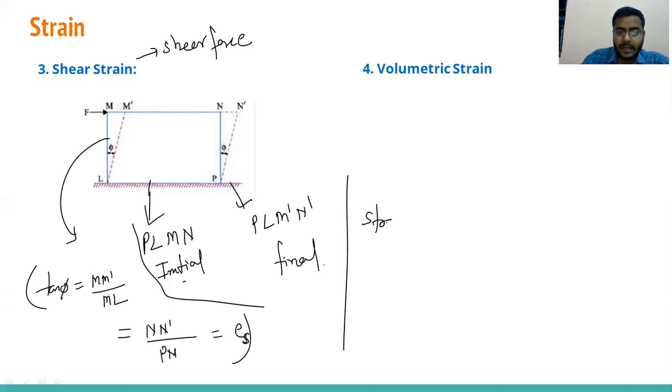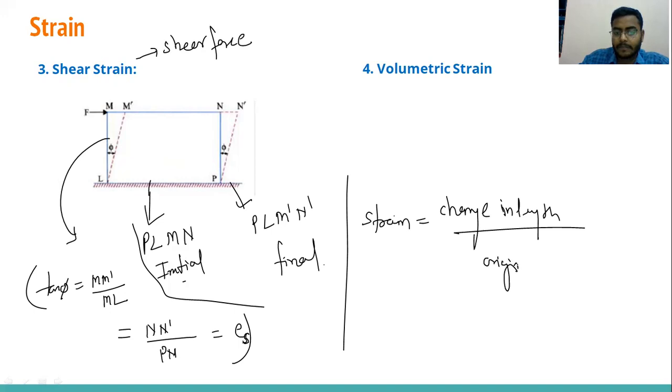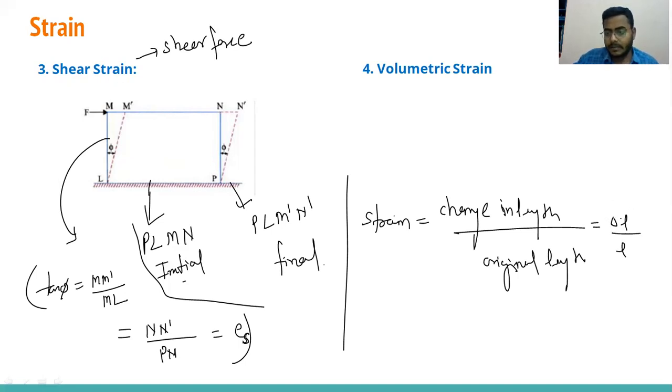One more important thing we can discuss here about strain. Strain is length by length, that is, change in length divided by original length. Delta L divided by L: the unit of delta L is meter or mm, and L is also in the same unit.